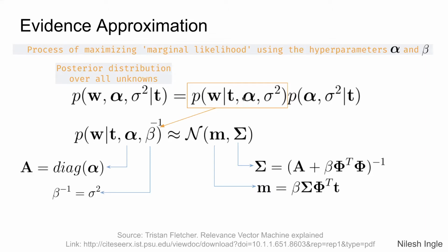The first term is the probability of w given t, alpha, and sigma squared, that can be rewritten here as shown, where the sigma squared is replaced by beta, and that comes from a normal distribution with mean of m and variance of sigma. So here in previous slides we are denoting mean by mu. So here we are denoting it by m.